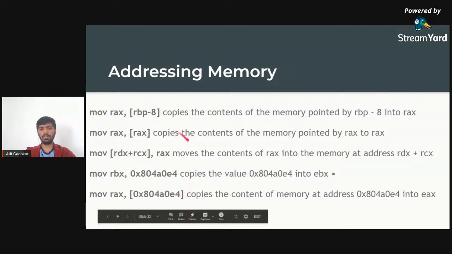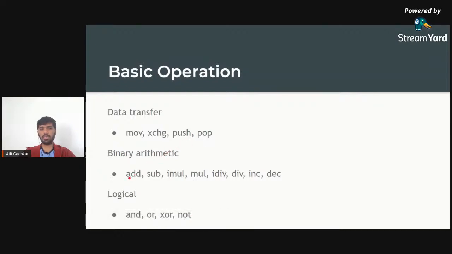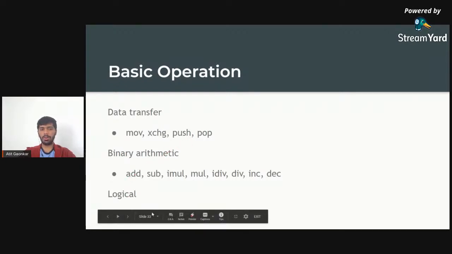And similarly, you can understand these two other things. Now, along with mov, there are multiple operations, say exchange, push, pop, which are data transfer, and not or are logical ones, and the rest are binary.